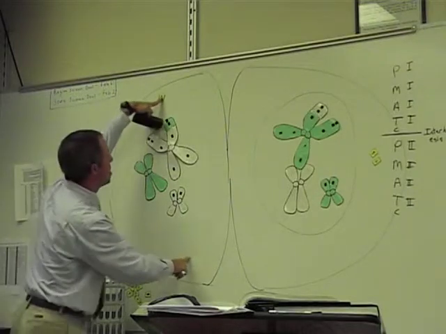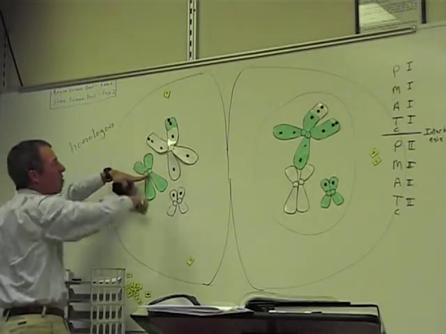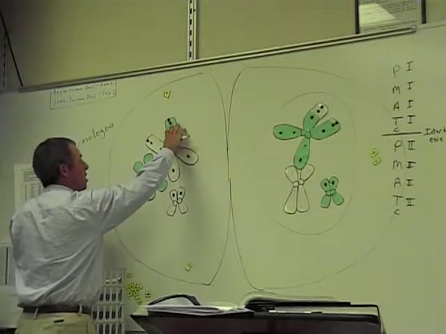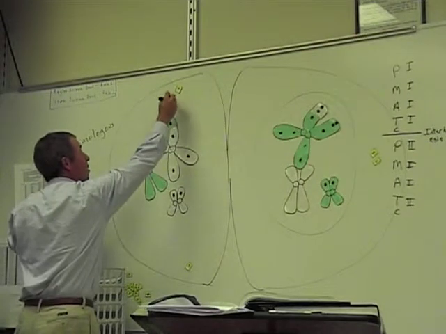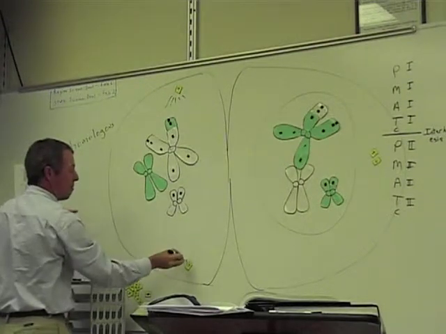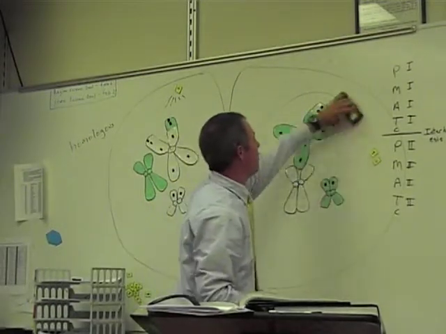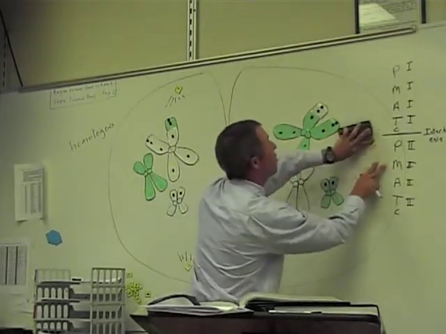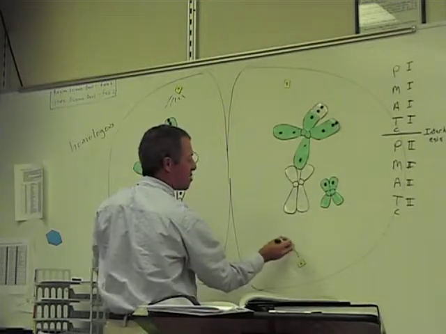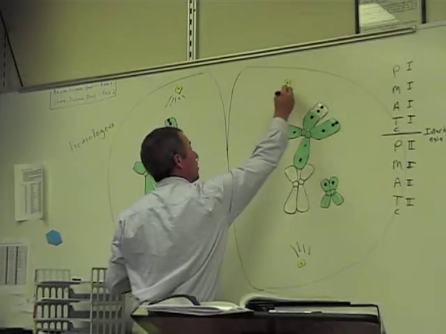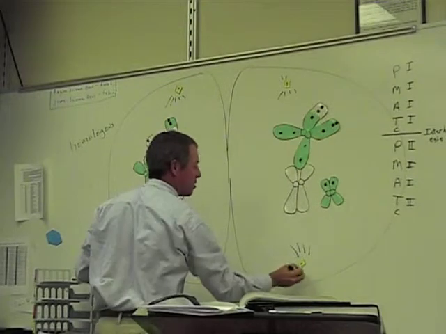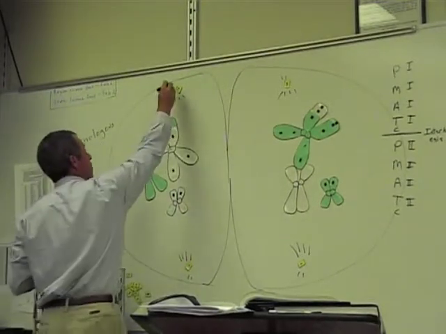Centrioles move to opposite sides of the cell, and this time I'm going to do it up and down because it makes it easier to understand on the board. Does that mean they line up horizontally then? Yep. They put out spindle fibers. Same thing happens over here. Centrioles move to opposite sides and put out spindle fibers. Same thing as before.